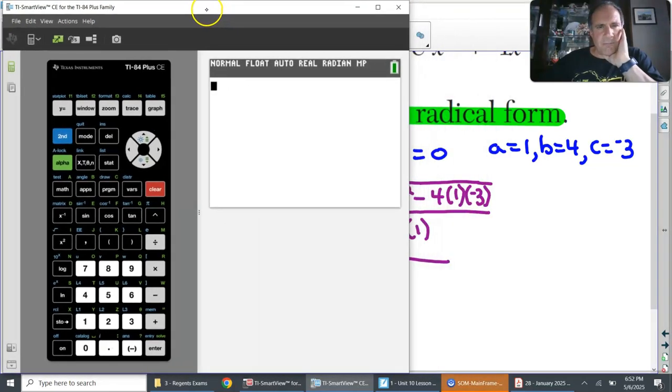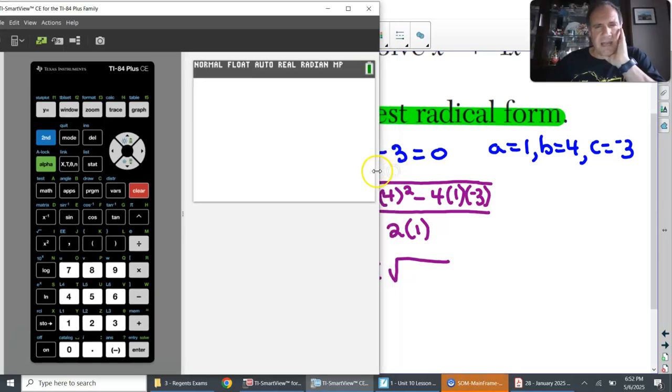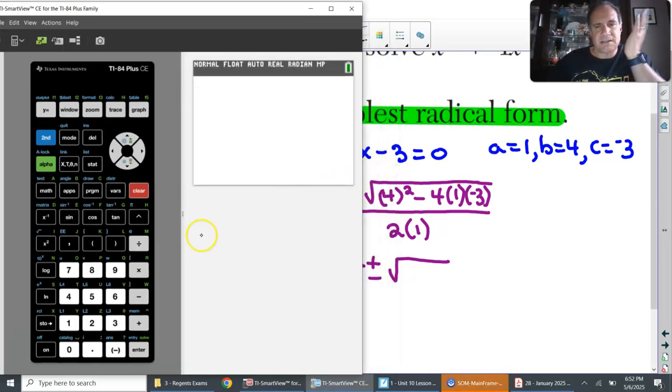I'm doing that without the square root because it says simplest radical form, so you do have to see what is underneath the radical.